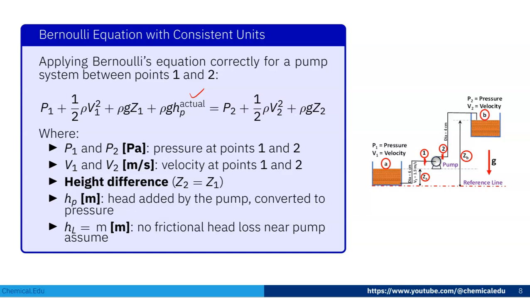So P1 and P2 are the pressures at points 1 and 2, V1 and V2 the velocities at points 1 and 2, height Z2 is equal to Z1, so that is horizontal and we can neglect that, and HP is the head added by the pump converted to pressure, and HL, the frictional head loss near the pump, we assume is 0, so we are not considering it here.